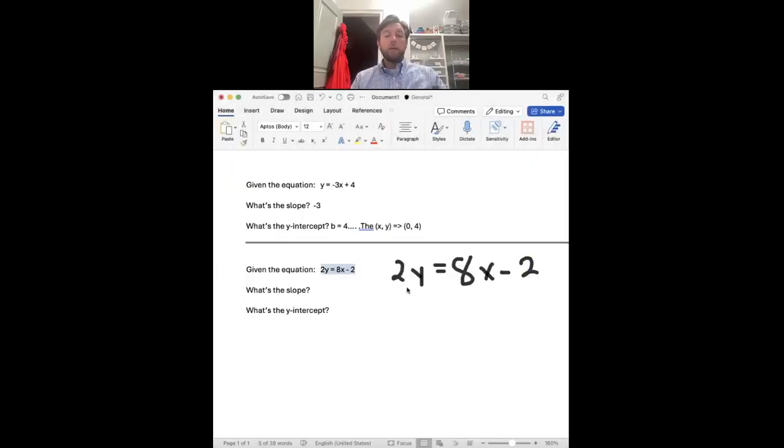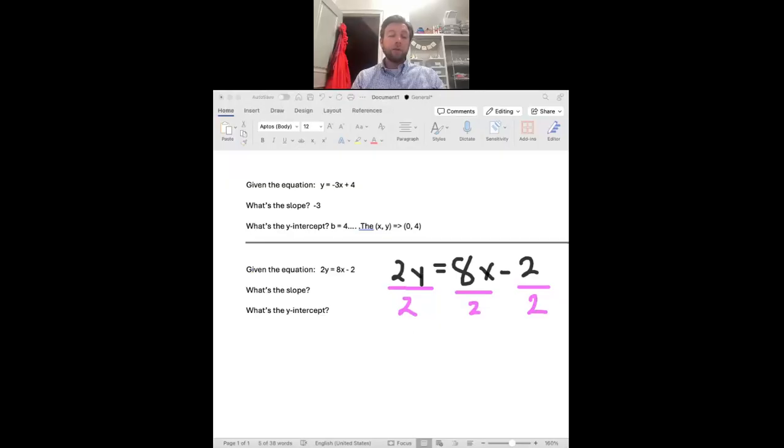Well, 2y says 2 times y, so I do the opposite and I do it to both sides. Whenever you're solving, solve means do the opposite, do it to both sides. So I've got to do the opposite of multiplication, which is division, but I divide each term by that same value.